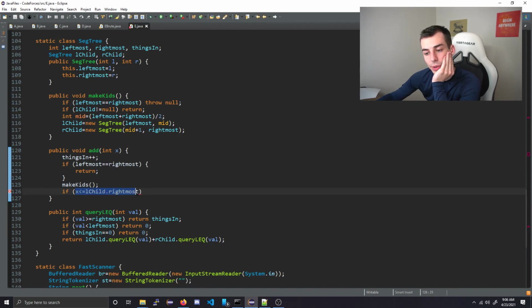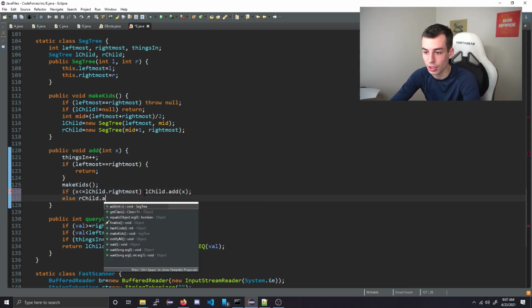If X is less than or equal to L child dot rightmost, then L child dot add X, else R child dot add X.